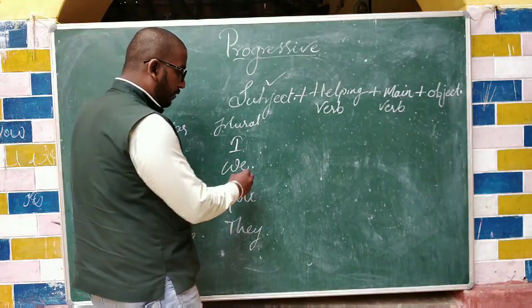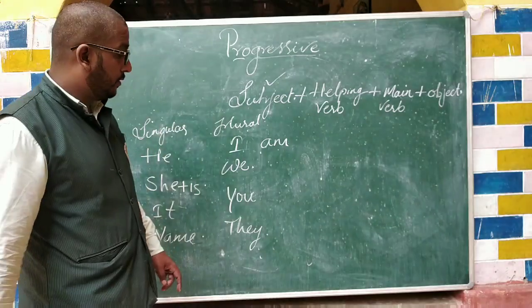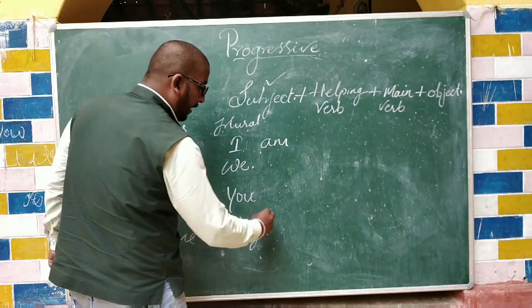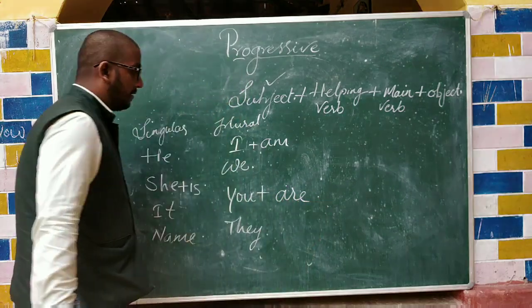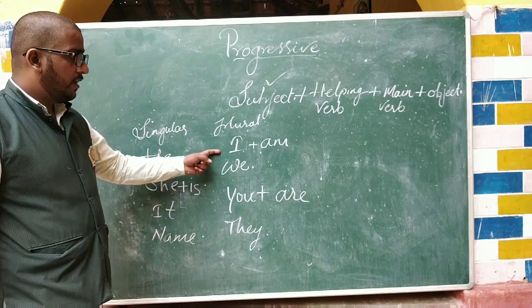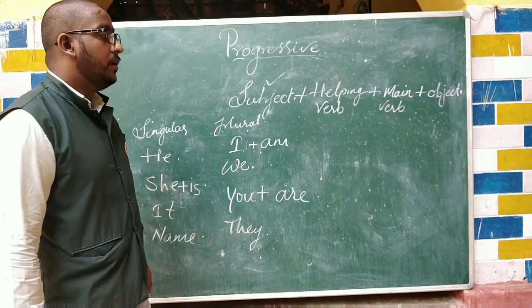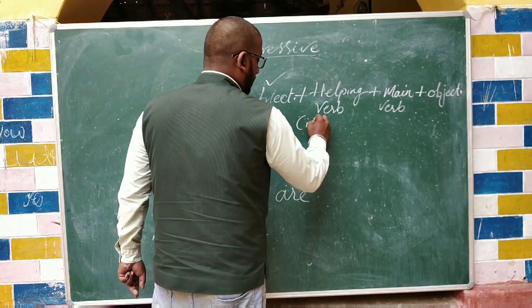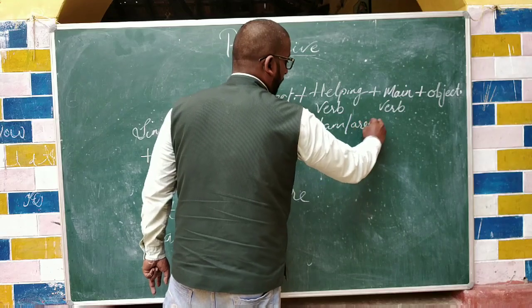With I, if you are using I as a subject, you have to use am as helping verb. And with we, you, and they, you have to use are. So it will be something like he is, she is, it is, name is, I am, we are, you are, they are. Okay, so this part is done, where you have to use either is, am, or are.